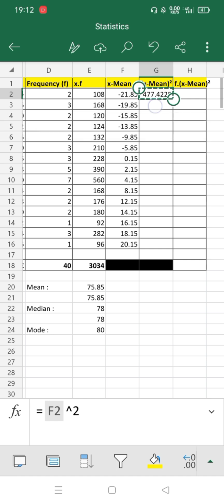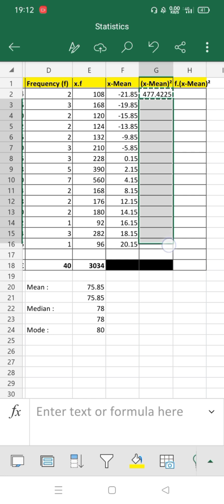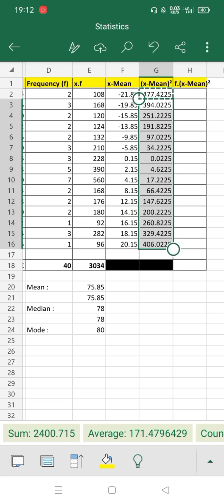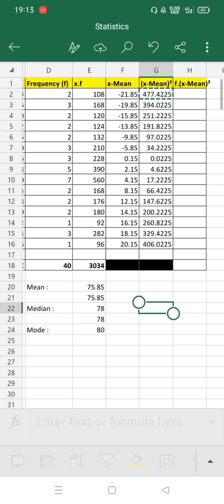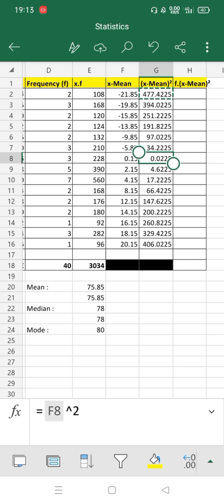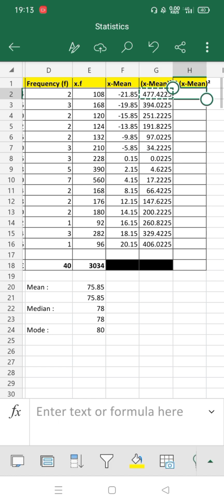Because we don't want such a burden, it's the easiest way. And you got all of these numbers here.